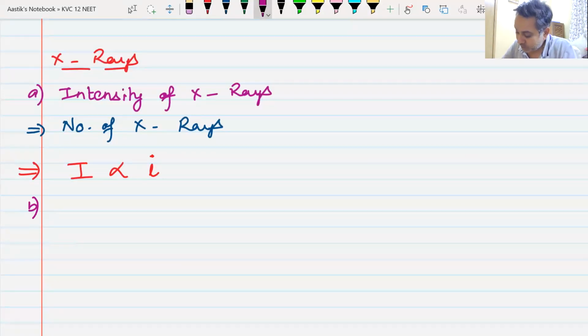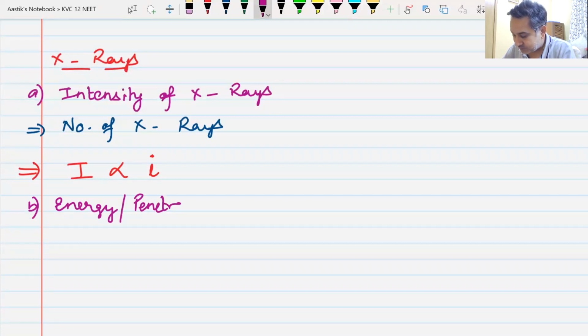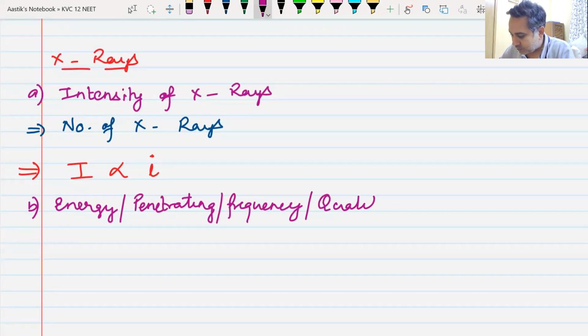Do we understand this? Yes, sir. The second thing that we are concerned about in X-rays is the energy of X-rays. Instead of calling it energy, you can call it the penetrating power of X-rays. You can also call it the frequency of X-rays, or the quality of X-rays. All of them mean the same thing. By this energy of X-rays, what do you mean?